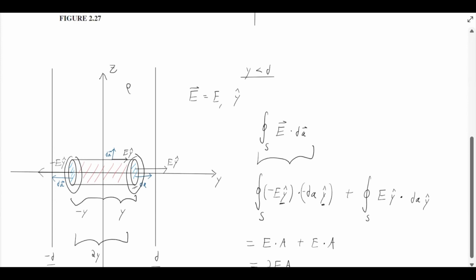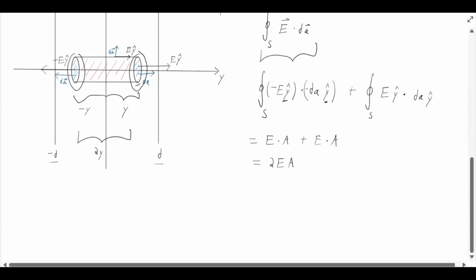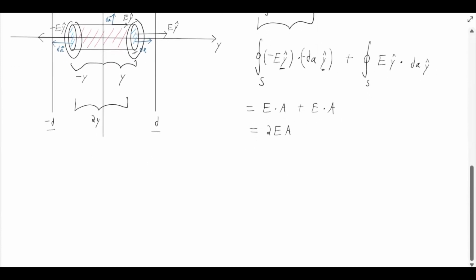And this can be E or E y, but we'll note this is in the y hat direction since it's only the y hat component. And so focusing on the right-hand side of Gauss's law, we have Q enclosed over epsilon naught, but we need to know what this Q enclosed is.